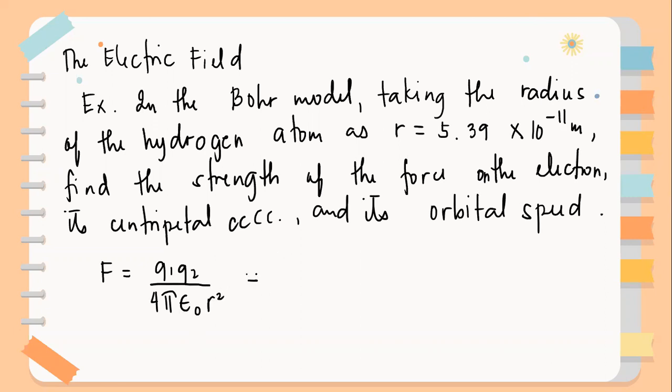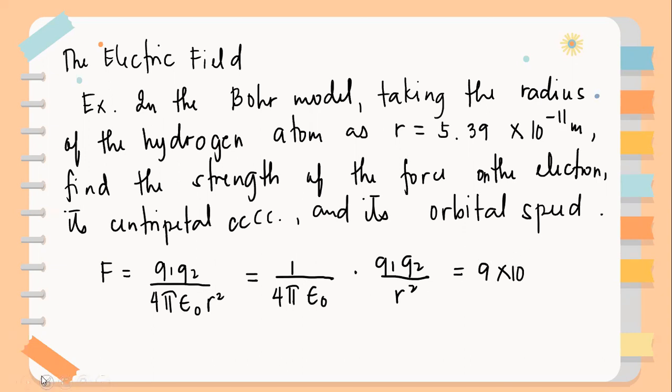Substitute the values. 1 over 4 pi epsilon naught is equal to 8.99 times 10 to the 9, which is also about 9 times 10 to the 9.